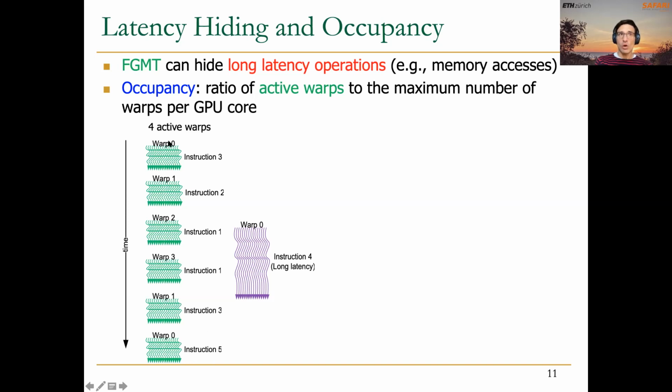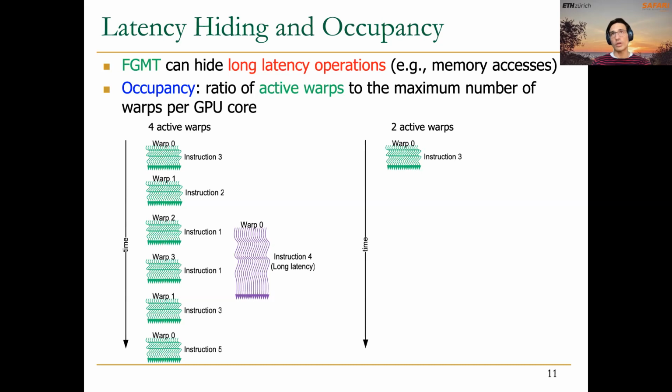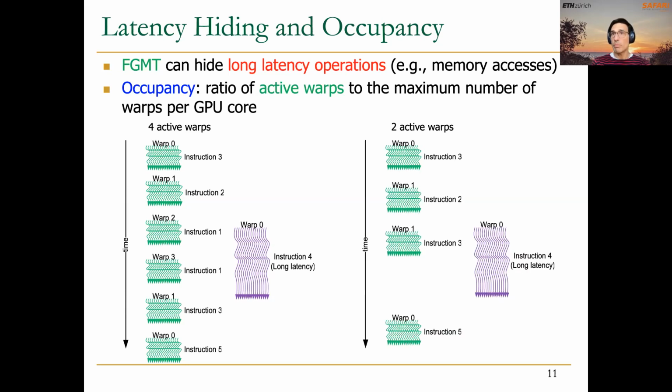But as you can see, we could hide all this latency from the access to global memory by executing instructions for other warps in the GPU pipeline. However, if your occupancy is lower, for example, only 2 active warps, what may happen is that at some point we won't be able to schedule new instructions from other warps on the GPU pipeline, and we will have to wait until the long latency operation finishes.